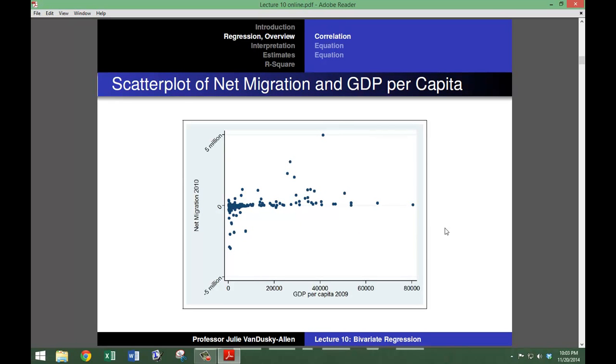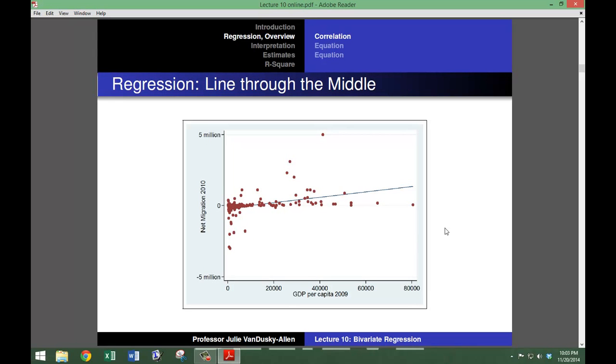To illustrate the intuition behind calculating a regression analysis, I gathered data on the net migration of countries in 2010, the dependent variable, and the GDP per capita of those countries in 2009, the independent variable. I present the data in the scatter plot. When I run a regression on this data, the regression analysis creates a line that literally goes right through the middle of all of these observations.